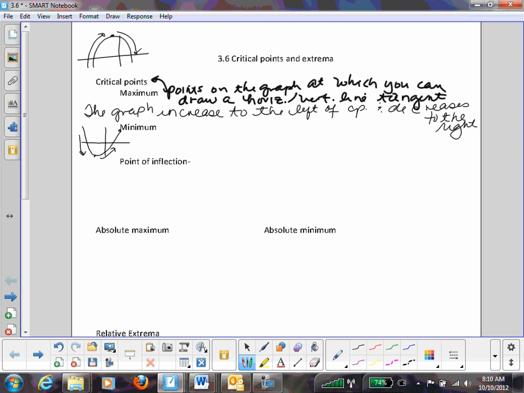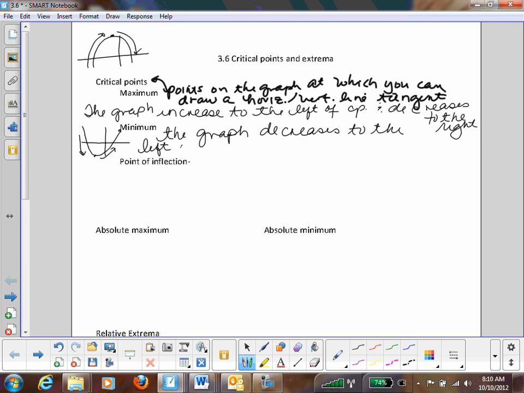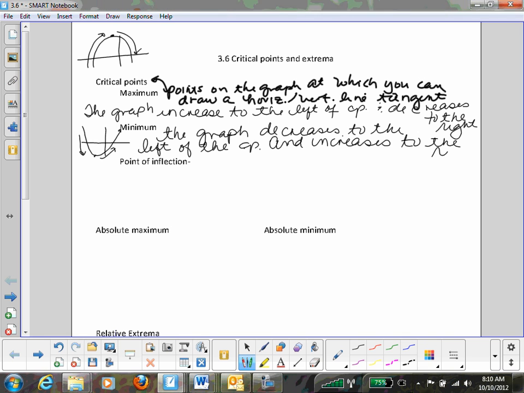And to the right? So the graph decreases to the left of the critical point, CP, and increases to the right.